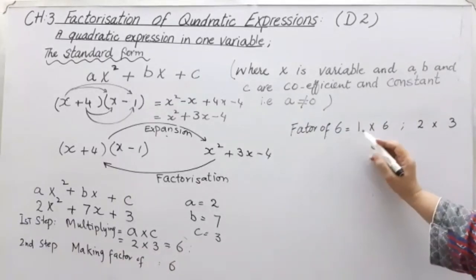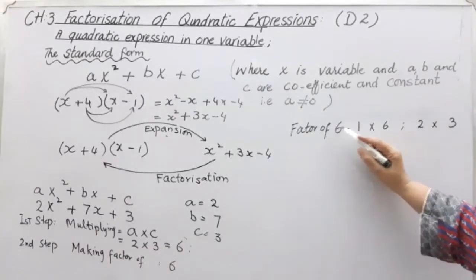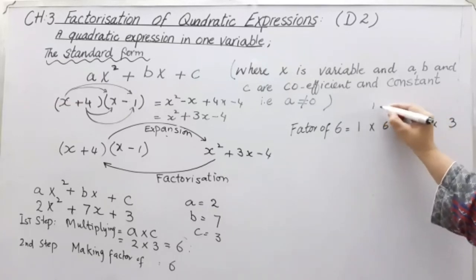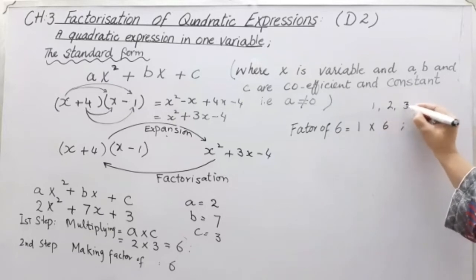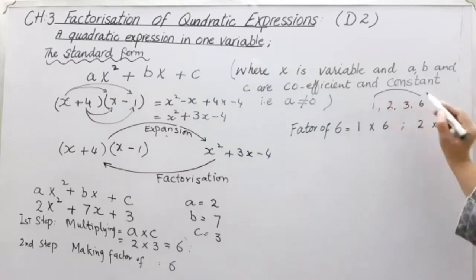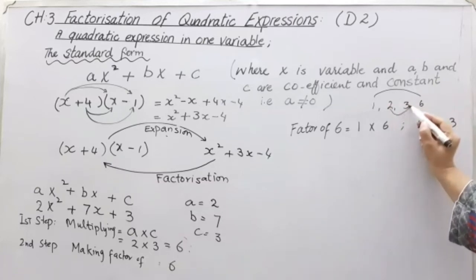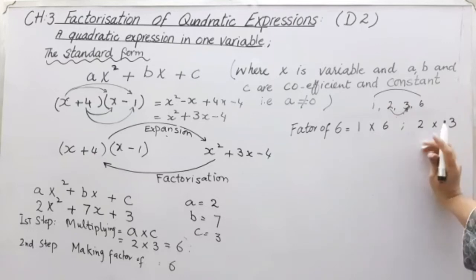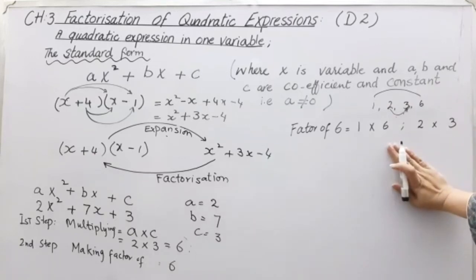The factors of 6 are 1 into 6, and 2 into 3. There are total factors of 6: 1, 2, 3 and 6. We take 1 and 6 both, and 2 and 3 both, because when we multiply them we get 6.